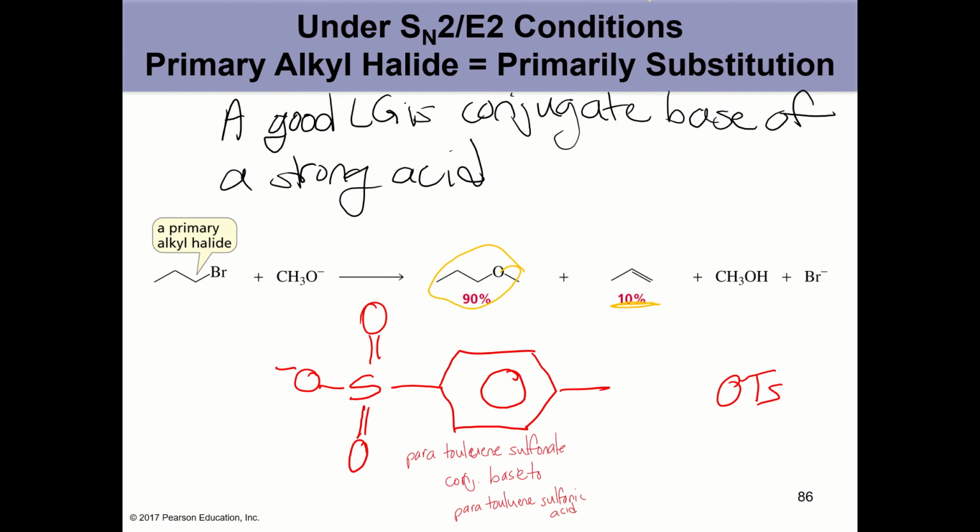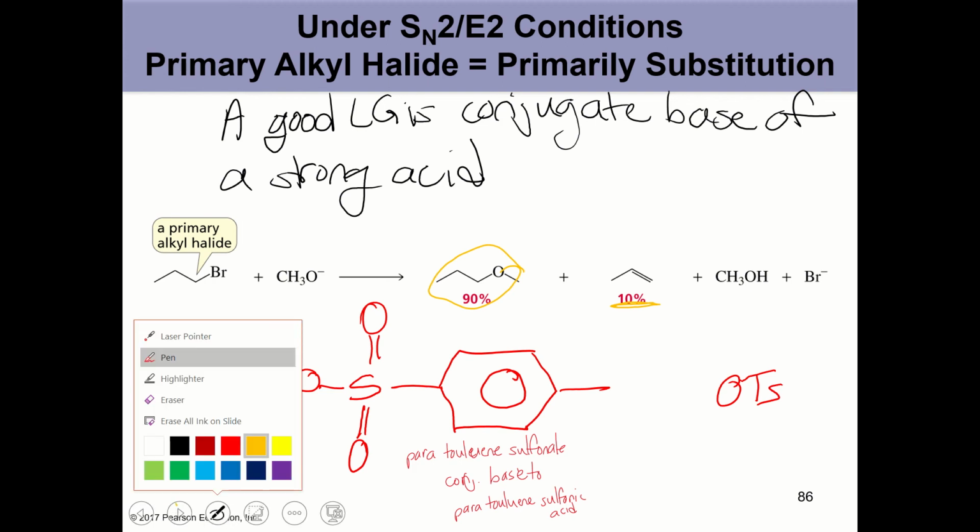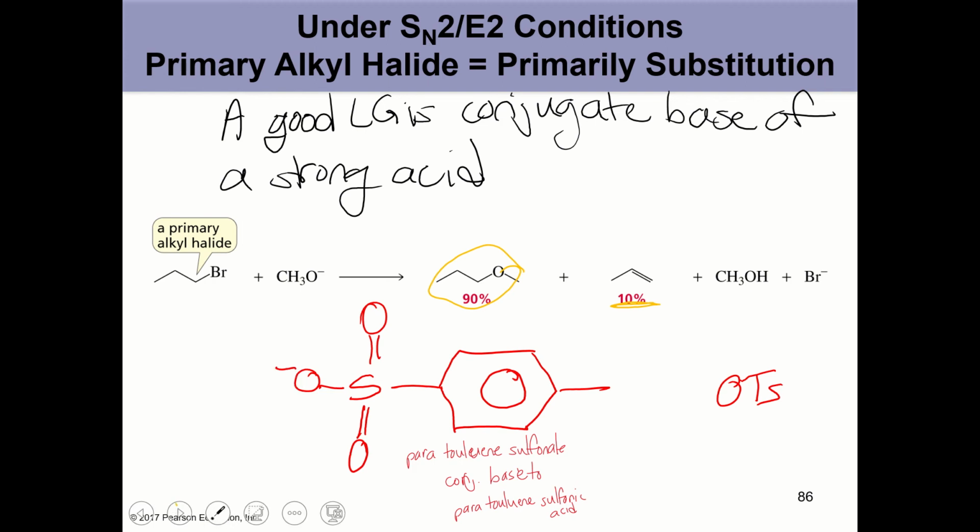Now the note that I have on the slide, that a good leaving group is the conjugate base of a strong acid, is because not all leaving groups will be halogens. We're going to study later that any leaving group which is the conjugate base of a strong acid will be a good leaving group.